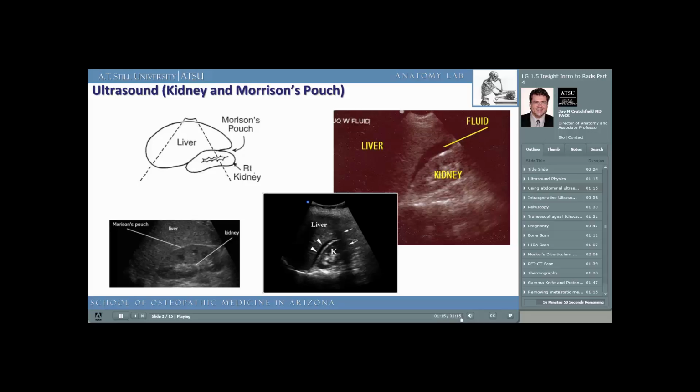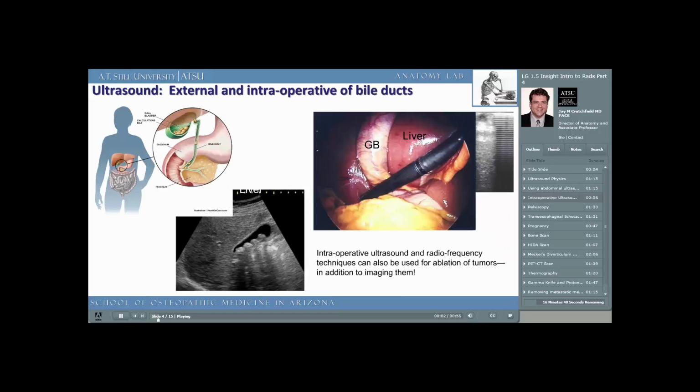physiologic amounts of fluid. Ultrasound is usually performed external to the body, through the skin, and can also be performed intraoperatively into a variety of anatomical cavities, for example, the thorax, the abdomen, or the pelvis. Here we can see an intraoperative ultrasound probe used to assess whether there are gallstones in the gallbladder and/or the common bile duct.